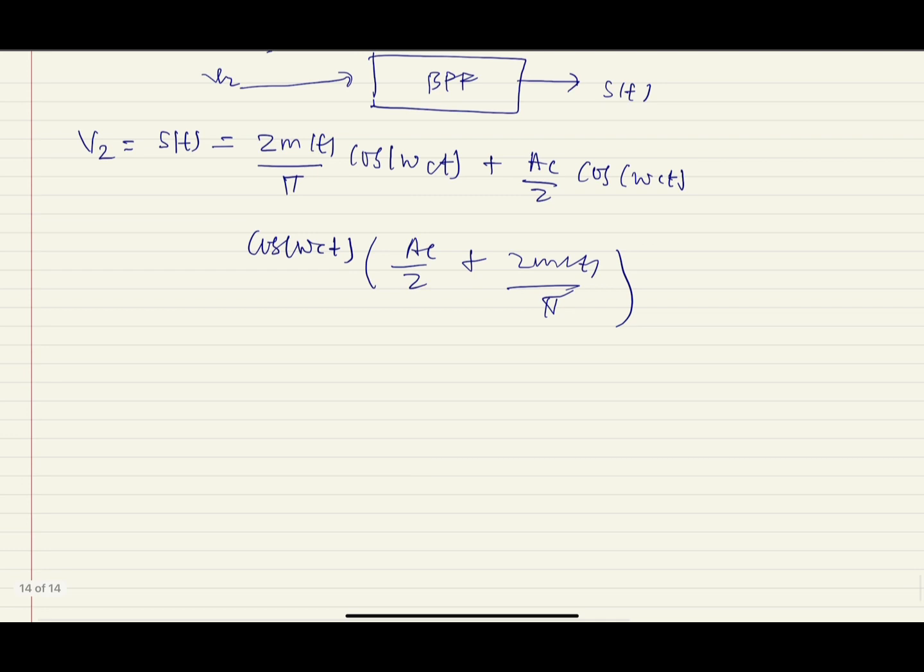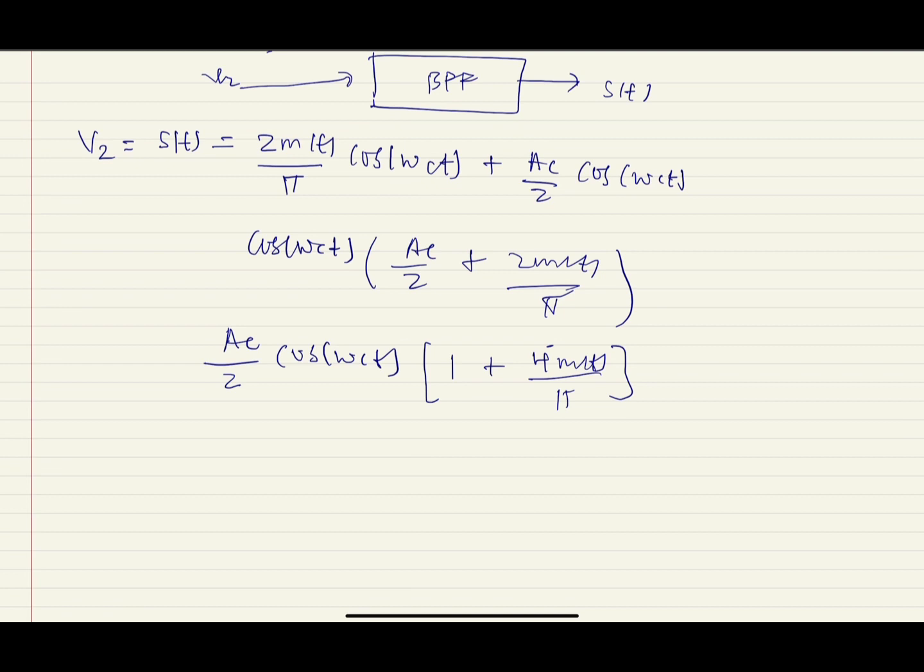At the end of the day, we can bring some parameters out: AC over 2 cos omega ct, and then in brackets 1 plus, there's no 2 here, so the top one is going to be 4 m of t over pi. When I multiply this by 2, it will cancel this one out and we get 2 again.